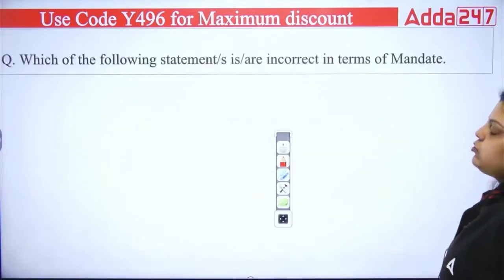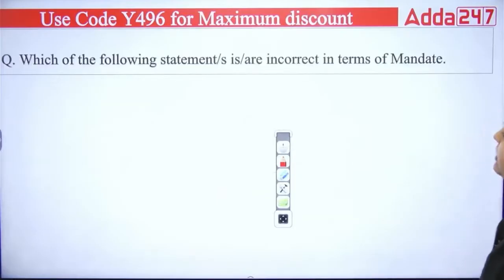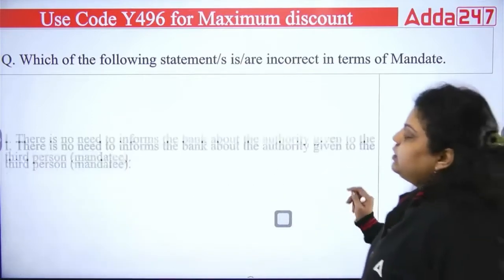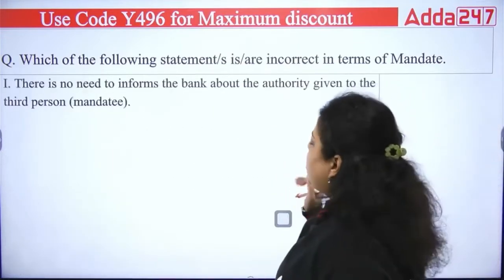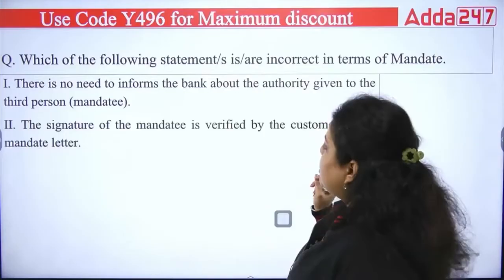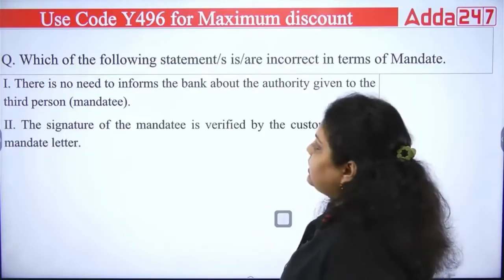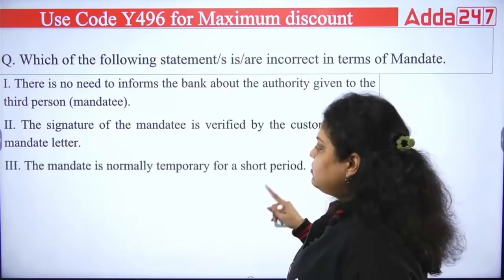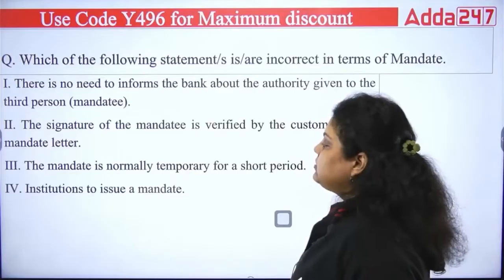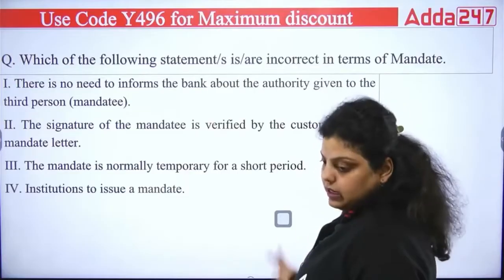Okay. Next question we have: which of the following statements are incorrect in terms of mandate? The first is saying there is no need to inform the bank about the authority given to the third person. Second, the signature of the mandate is verified by the customer in the mandate letter. Third, the mandate is normally temporary for a short period. Fourth, institutions to issue a mandate.